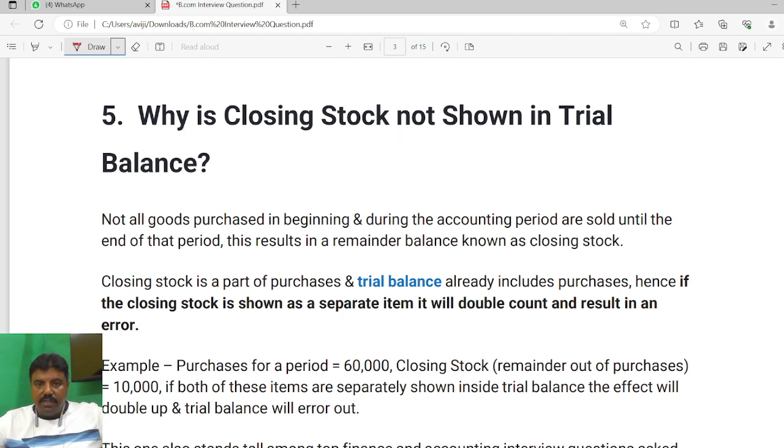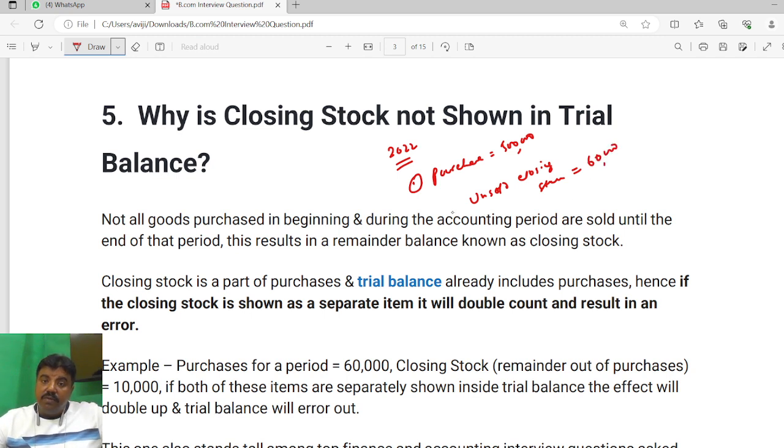Suppose for the accounting year 2022, in a business, total purchase is given. Total purchase is 5 lakh. Now, at the end of accounting year 2022, there is unsold closing stock of 60,000.